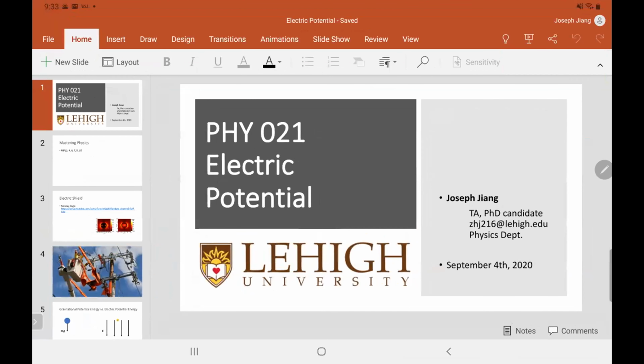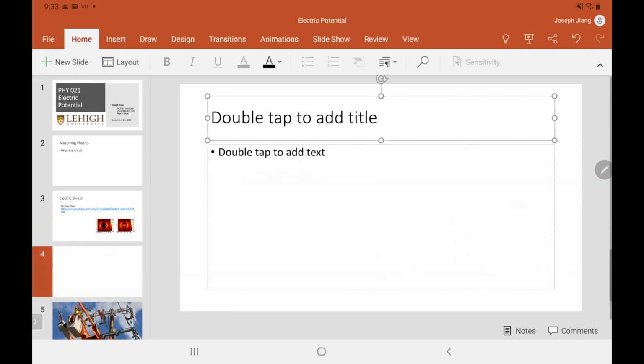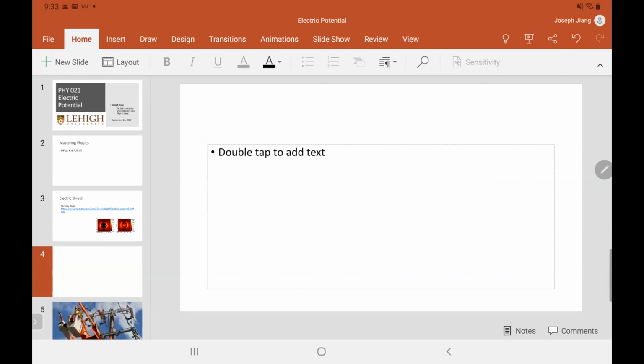Here, for the conductor, suppose we have a box. This box is made of metal. For example, aluminum or steel or brass. Doesn't matter.